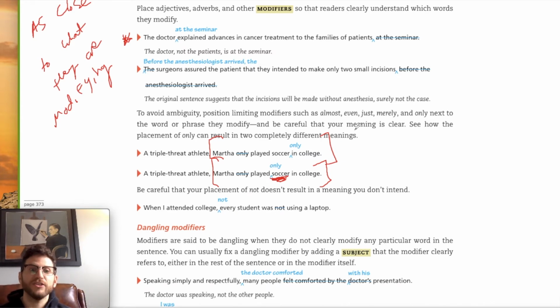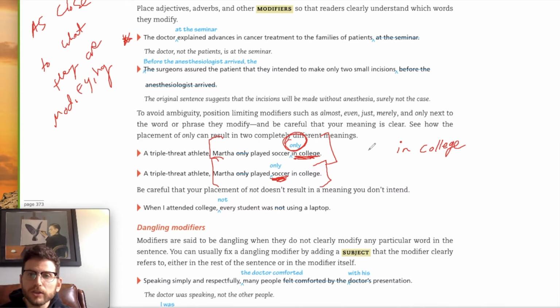At no other time. So in the case of this sentence, we have the modifier only placed here, and only is modifying the prepositional phrase in college. In college is a prepositional phrase. It happens to be a preposition of time, because it has to do with time. Okay, a time in her life, her college years, right?